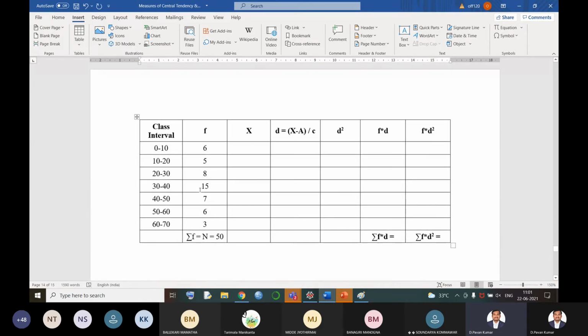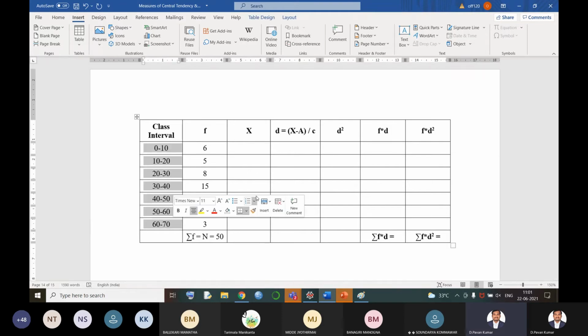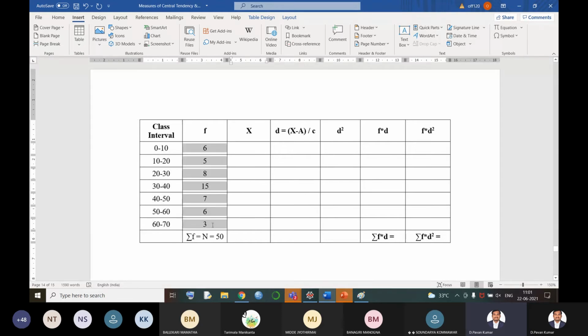See, I have copied these values onto the table. I have got the class intervals, all exclusive class intervals, these are not inclusive class intervals, and the frequencies are given. Now we need to find x values to find the rest of the values, and x values are always the middle values of the given distribution.